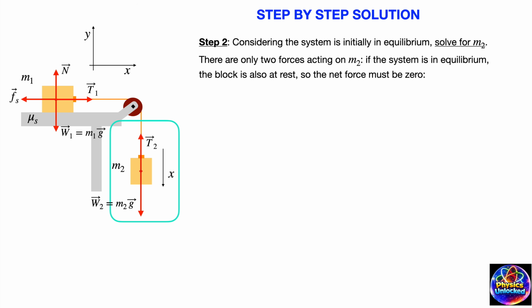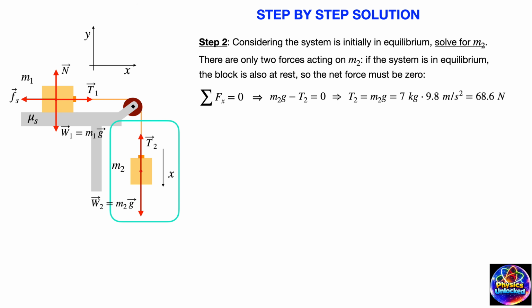We can write that the sum of all the forces along the x-axis must be equal to 0: m2g, positive, minus T2, because it is going upward, equals 0. Then T2, after some calculations, turns out to be 68.6 newtons. It's a very easy calculation.